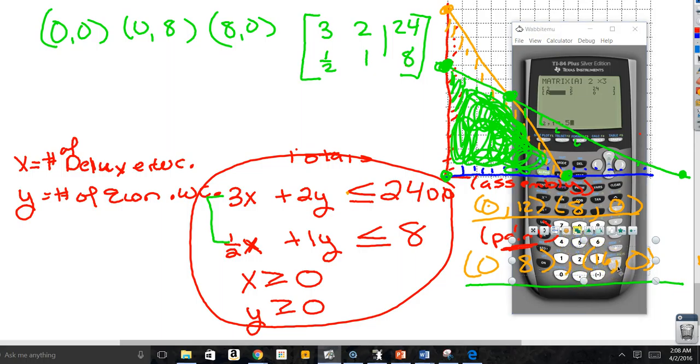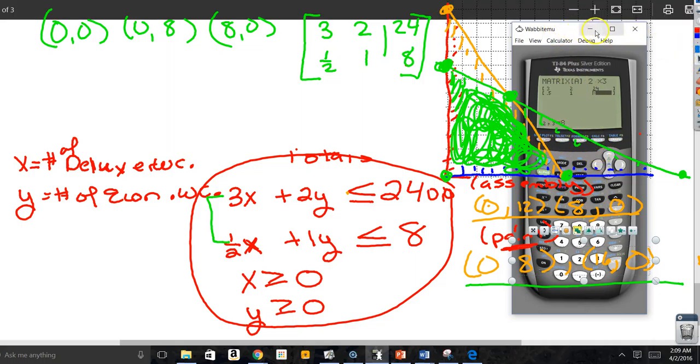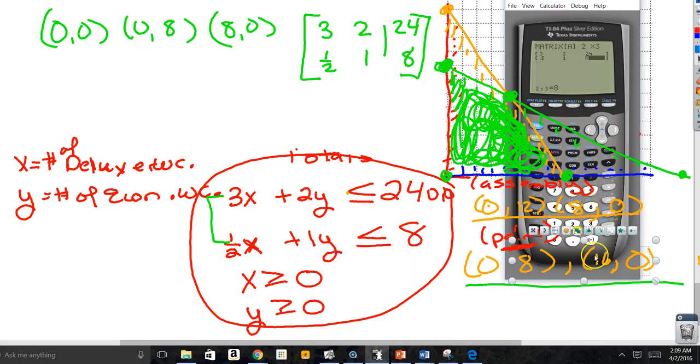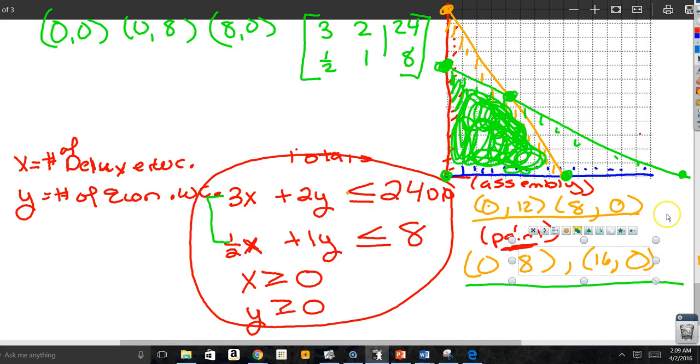It'll take it. 1 divided by 2, or 1/2. I mean, or 0.5. 1, 8. And then I'll move this up a little bit. I'm not sure what all this stuff is. Oh, where'd it go?